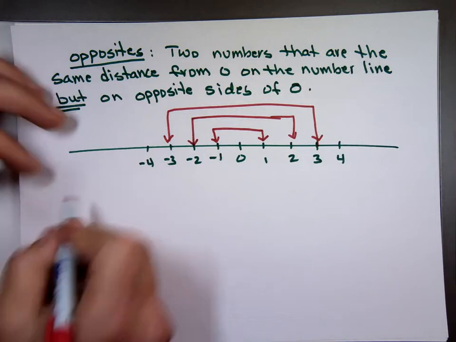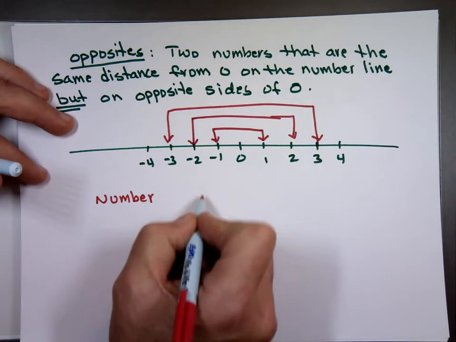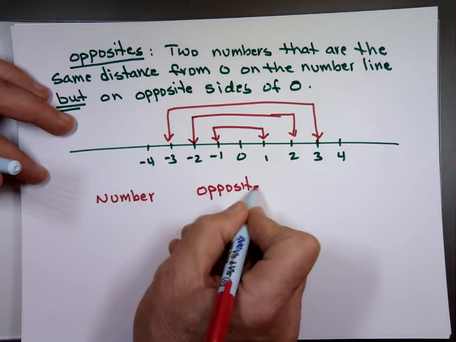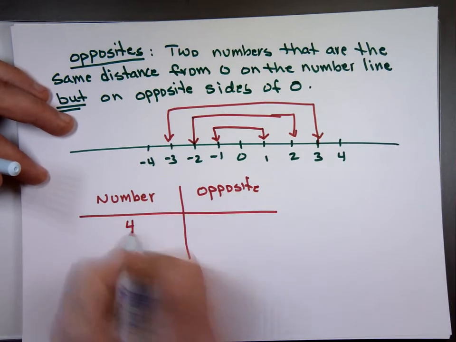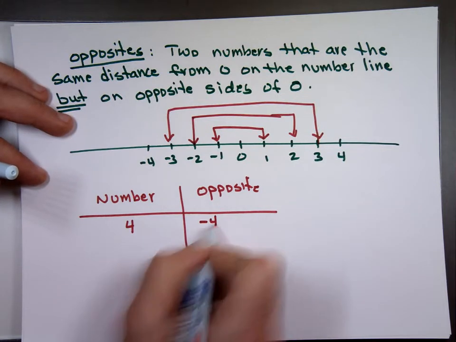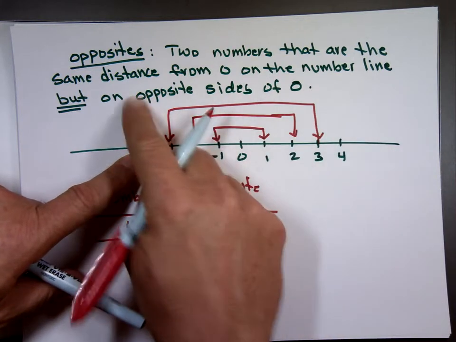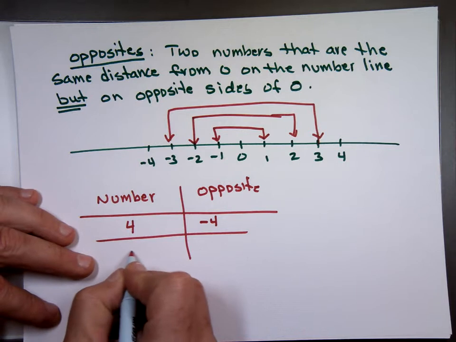So if I give you a number here and I ask you for the opposite, let's think about it. What is the opposite of 4? Negative 4. That's right. 4 and minus 4 have the same distance from the 0 on the opposite side. What is the opposite of negative 3?